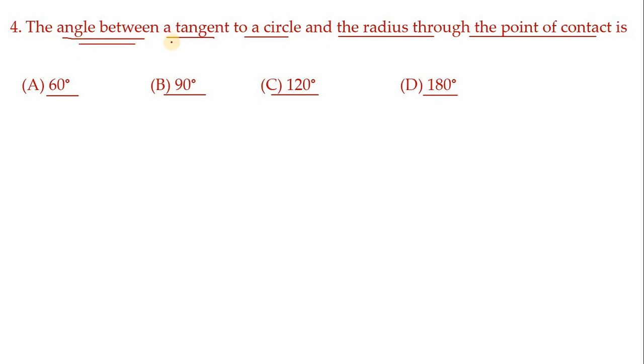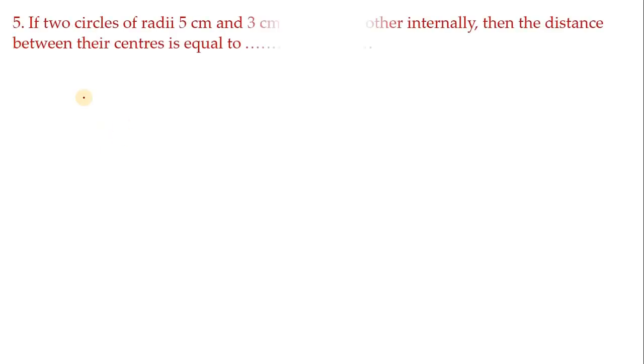This is the first theorem in the circles chapter. It means a tangent drawn at a point of contact is perpendicular to the radius. Perpendicular to the radius means it is making a right angle there. Hence the correct option is 90 degree, option B. Move on to the next one.